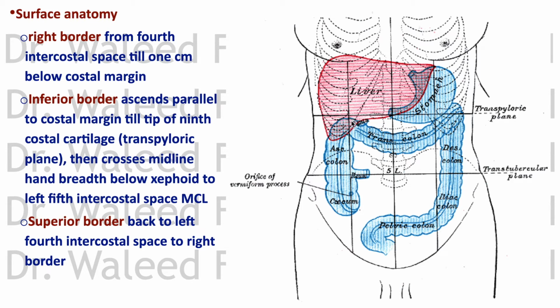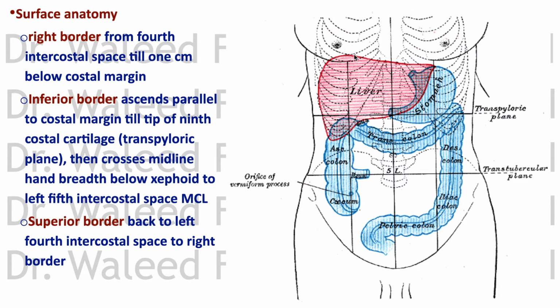This area, the tip of the 9th costal cartilage, is where the fundus of the gallbladder is, and then you descend for a while till parallel to the costal margin, ascend again on the right side till you reach the right fourth intercostal space.